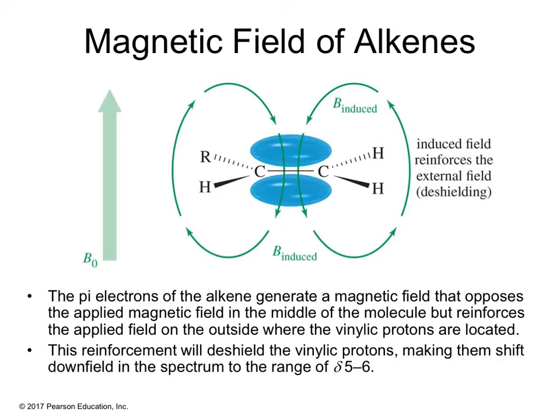And that magnetic field opposes the external magnetic field. Also, alkenes do the same thing. You have pi bonds. So whenever you have pi bonds, those electrons will generate their own magnetic field. And that's why if you have an alkene proton, which is really unique, you see something around 5 or 6 ppm.